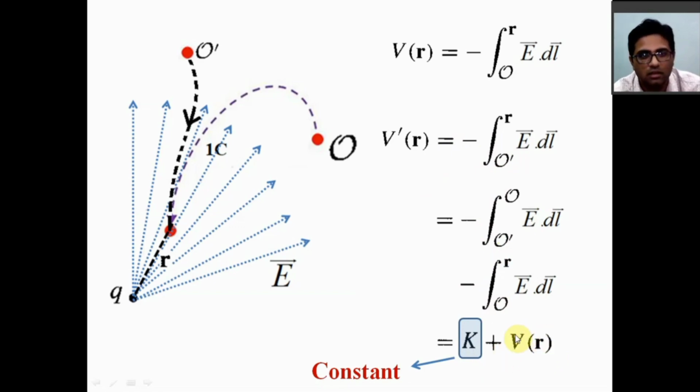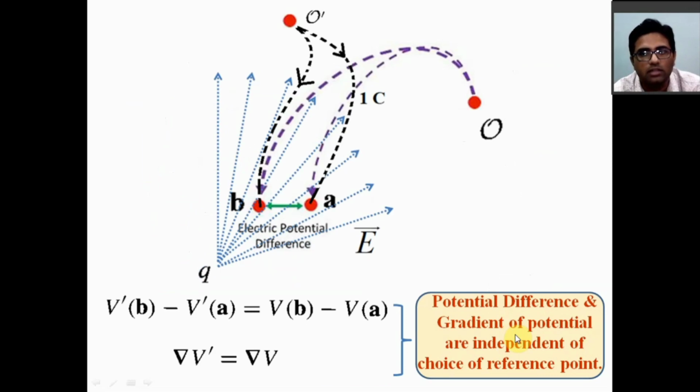Now if we find the potential difference and the gradient of potential, those are independent of the choice of reference point, because adding a constant to the potential will not affect the potential difference between 2 points.